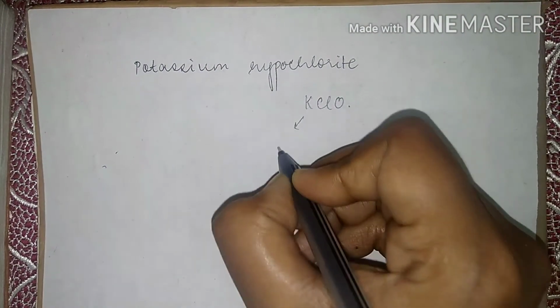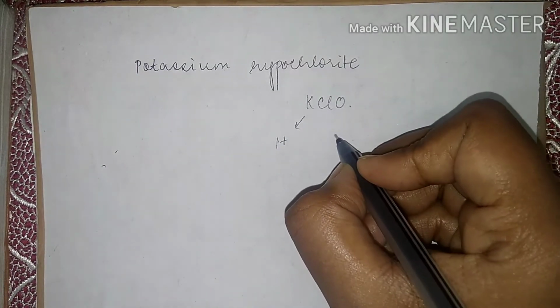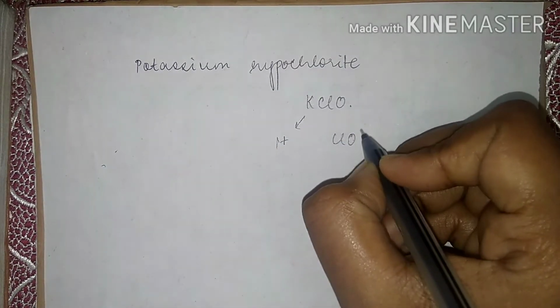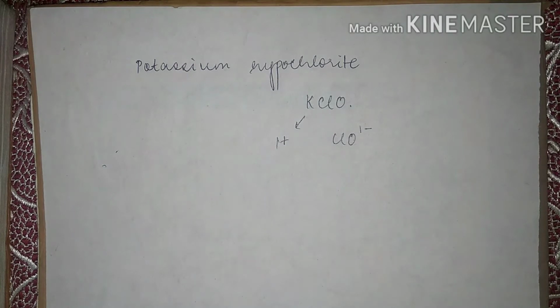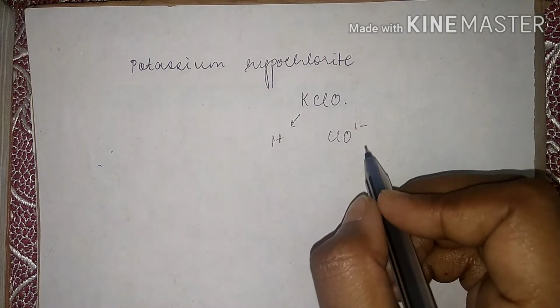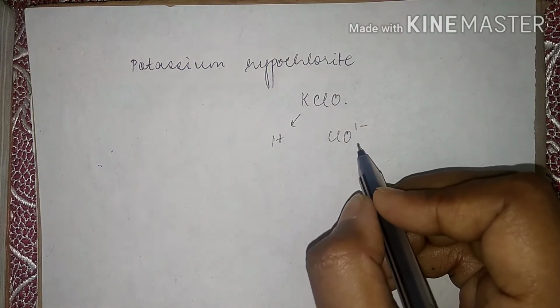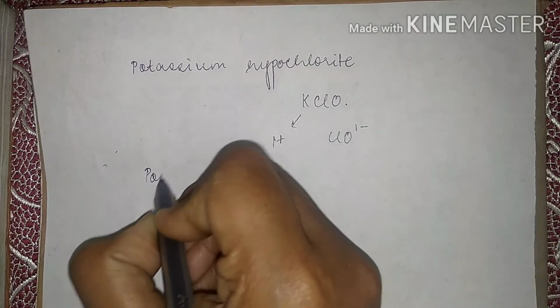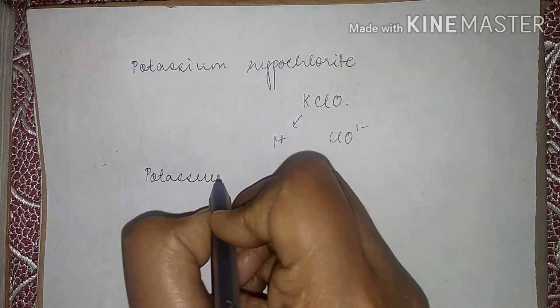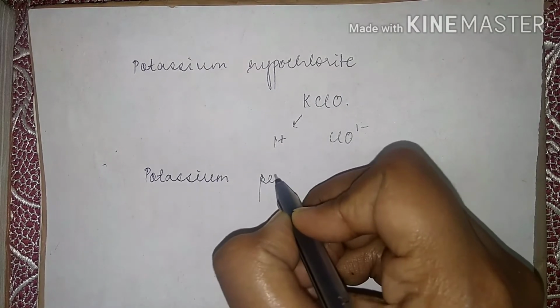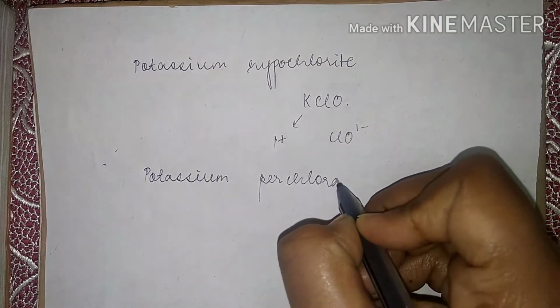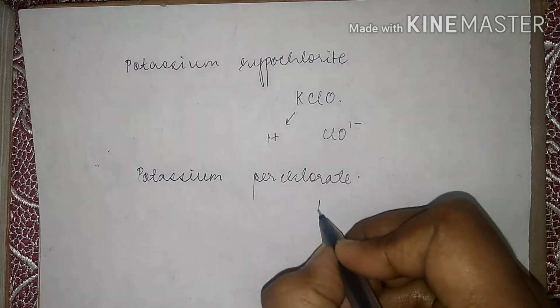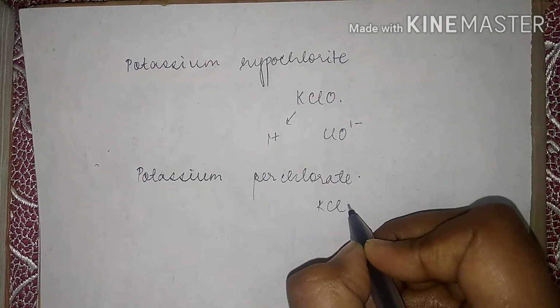We know the valency of potassium is 1 plus, and the valency of ClO, this is a radical with 1 negative. I gave you the valency chart. We had hypochlorite as ClO 1 negative, so the formula is KClO. Now next we have potassium perchlorate. The formula here will be KClO4.